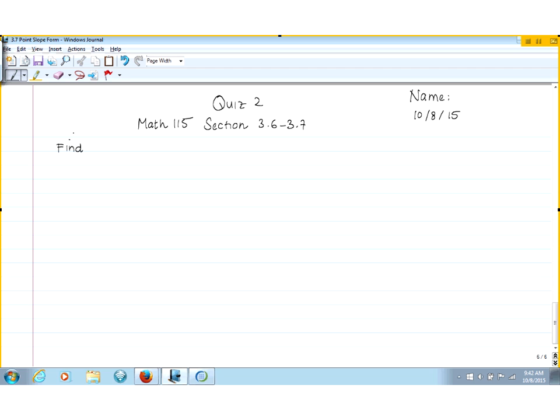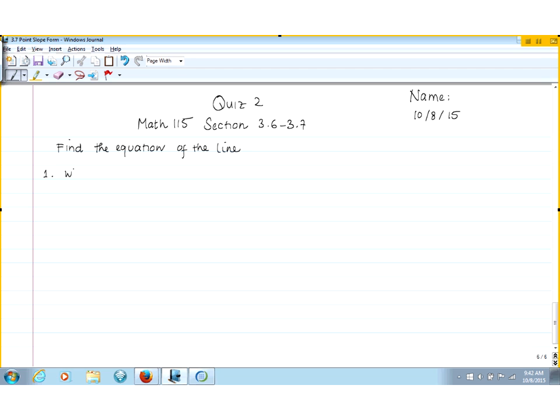Basically what we want to do is exactly what we just did. Find the equation of the line. How many problems do you want? 2 only? Okay.